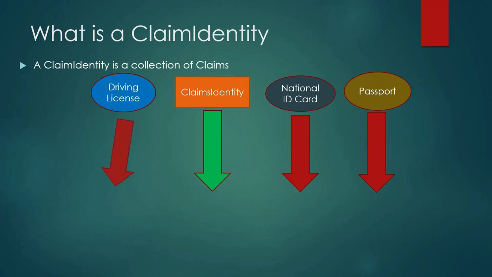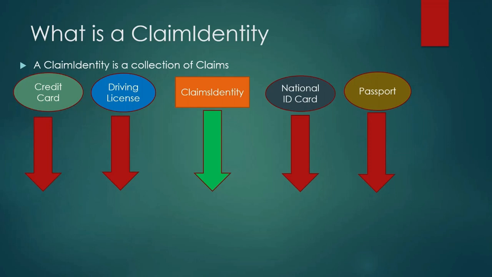Another thing is the credit card. Your credit card has a piece of information about you: the first name, last name, your credit card number, and some of the account number. Those are a collection of claims.